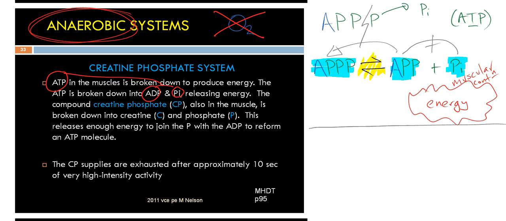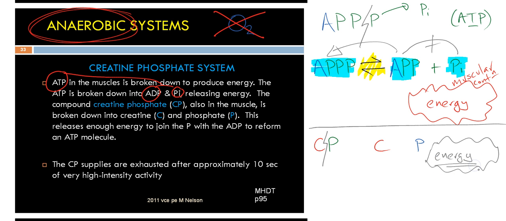So the first of these, the creatine phosphate system, we have a creatine and a phosphate. Now the creatine and phosphate split, so we end up with a creatine and a phosphate and energy.